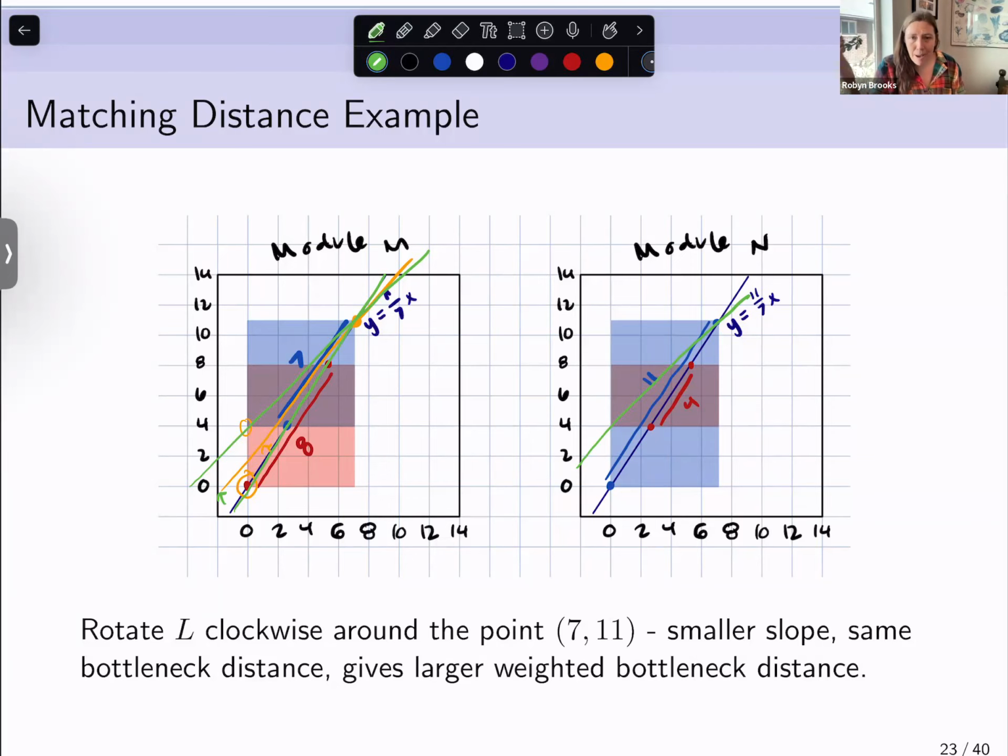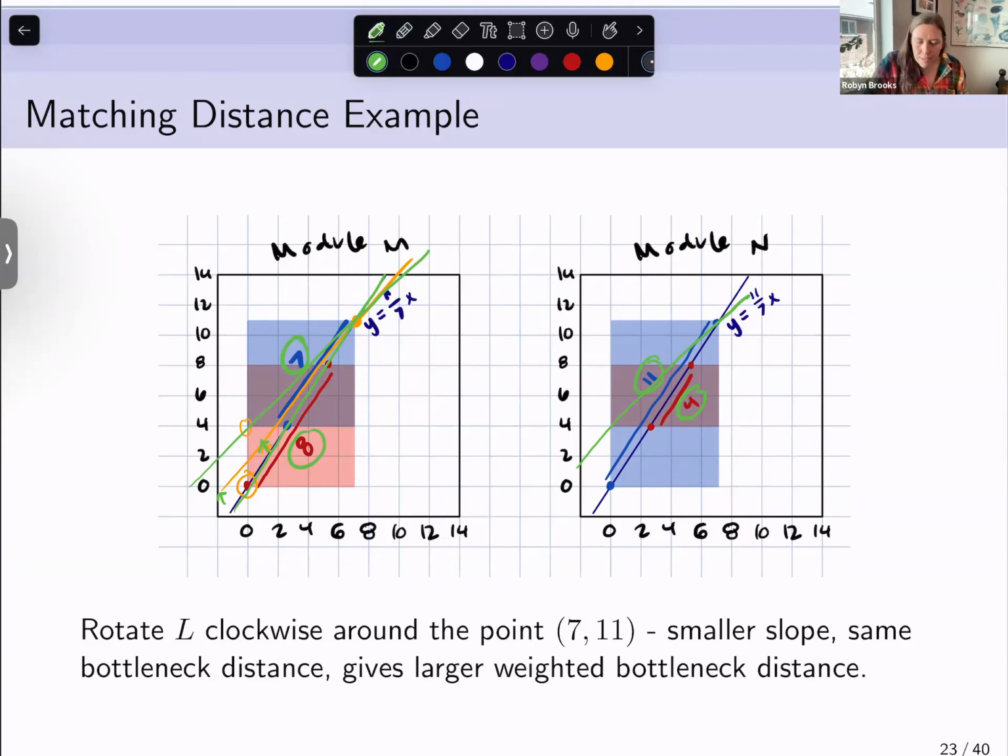And the reason that this happens is because not all lines in this equivalence class have the same optimal matching for the weighted bottleneck distance. The original one was matching blue to red, red to blue. But as I rotate this here, eventually there's going to be a point where the optimal matching switches to red to red and blue to blue.